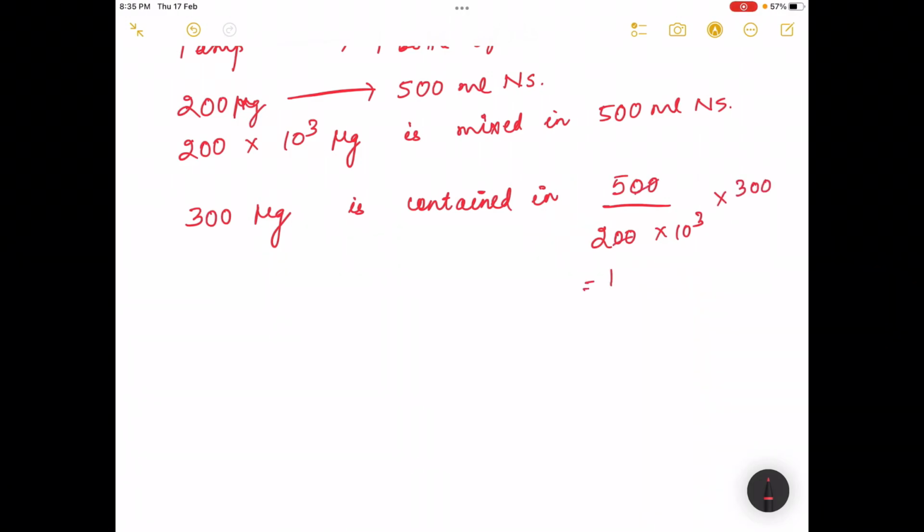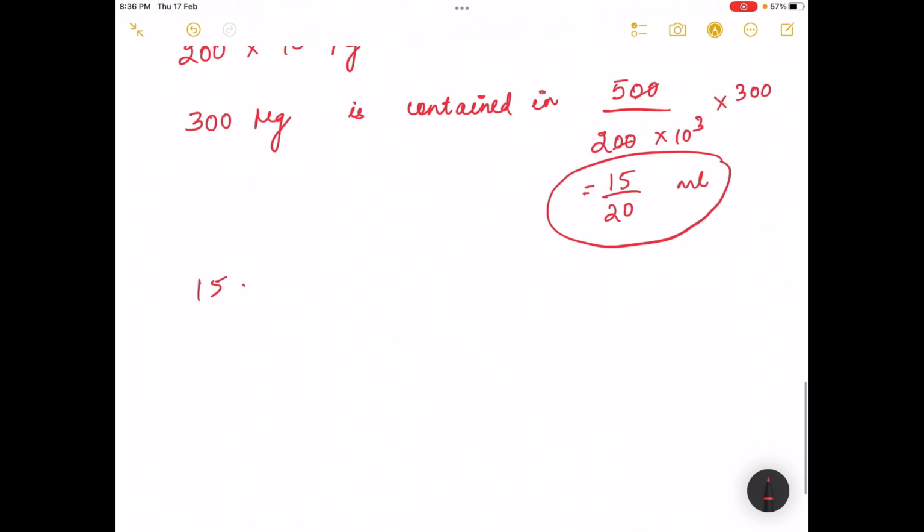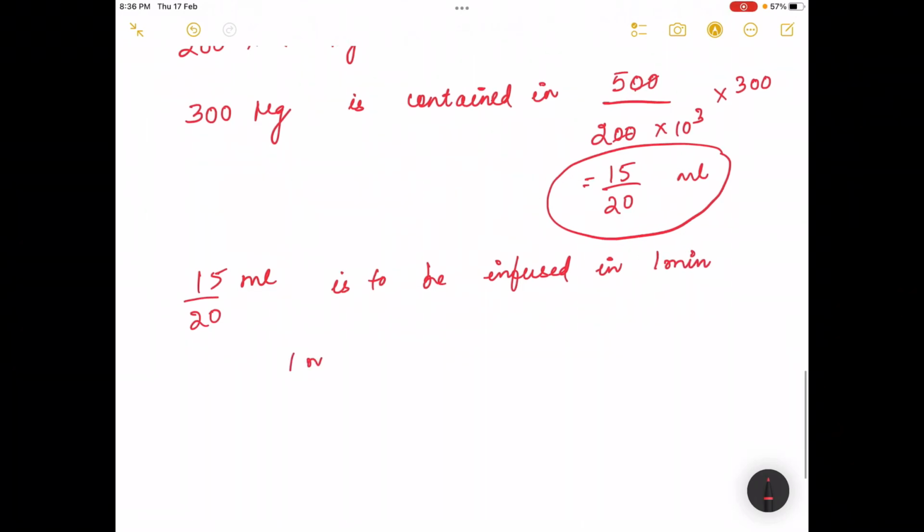Okay, so this comes to 15 by 20 ml of NS mixed dopamine. So 15 by 20 ml is to be infused in 1 minute, and we know that 1 ml is equal to 60 microdrops.